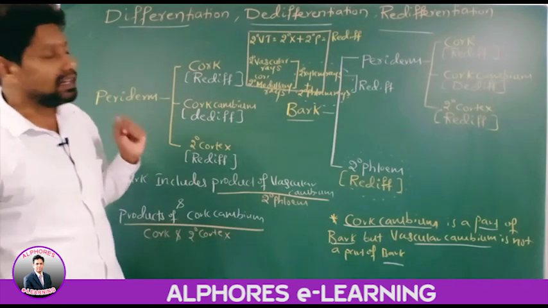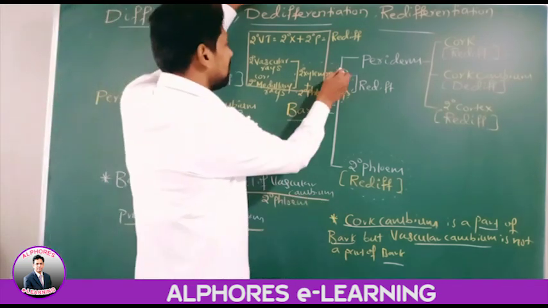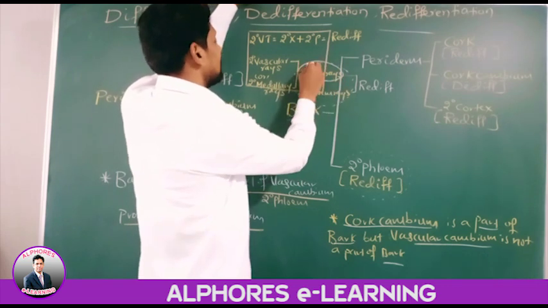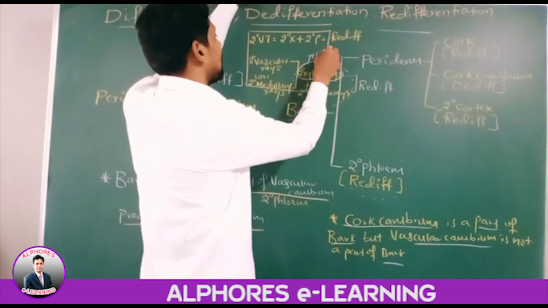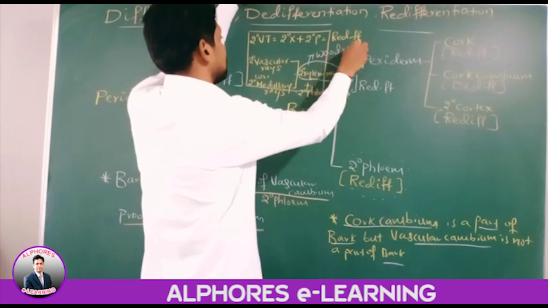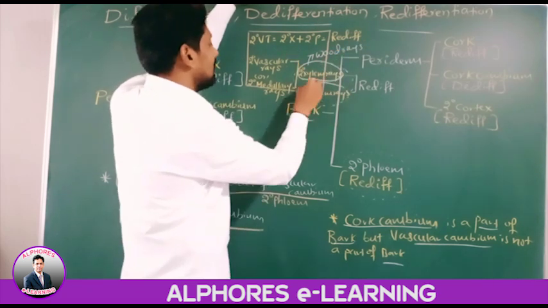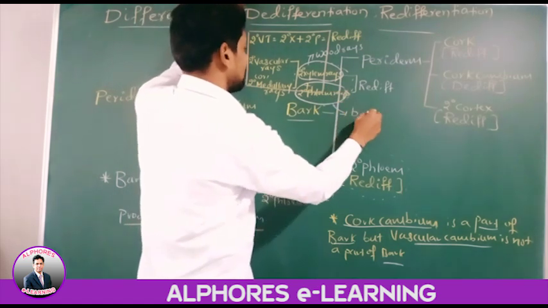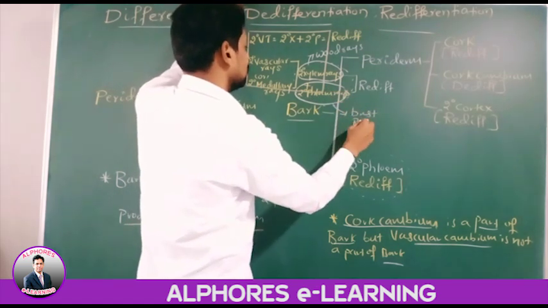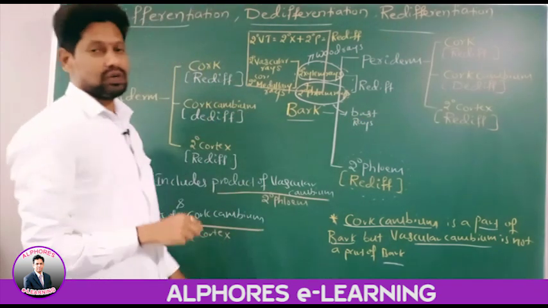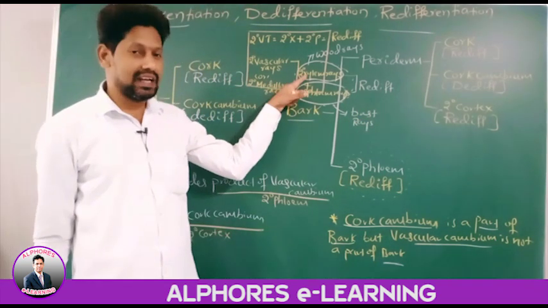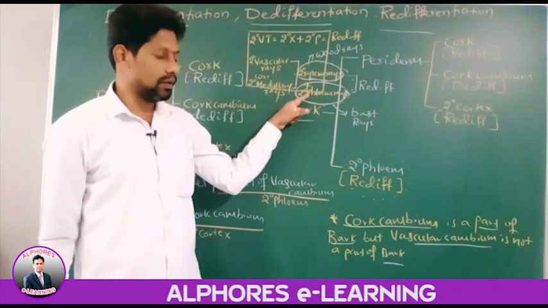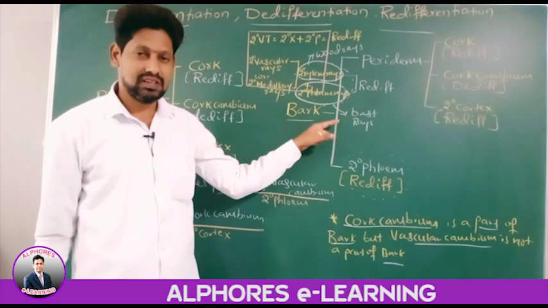In first year we read one statement: secondary xylem rays are also called wood rays, whereas secondary phloem rays are also called bast rays, B-A-S-T. Is this statement okay?